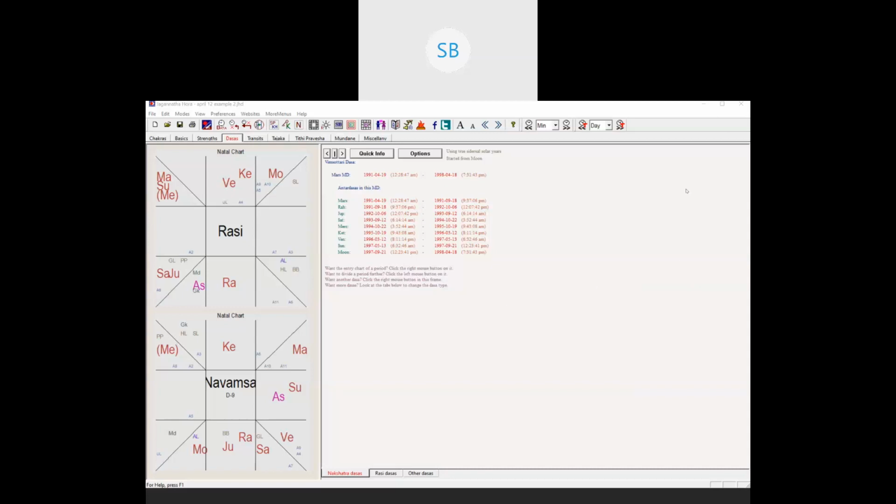Okay guys, so now this is a very interesting horoscope. It's not about the entire life, where looking at each and every dasa is great or something.